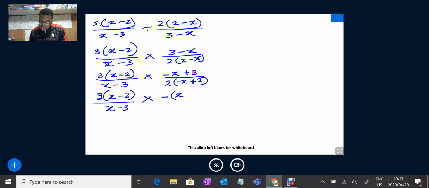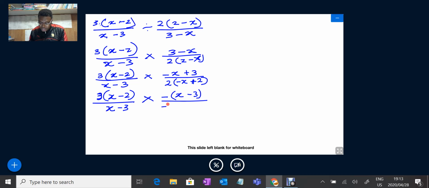Positive 3 divided by negative 1 is negative 3. Also, we take out a common factor here of negative 1. We have 2, so we simply multiply negative 1 by positive 2.